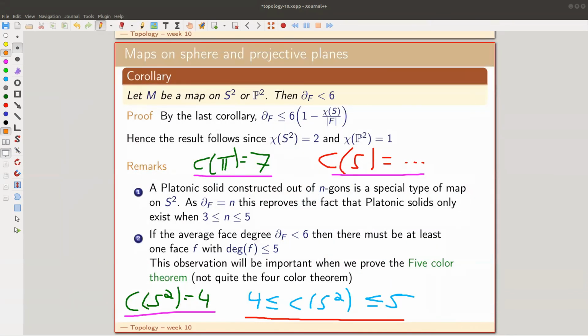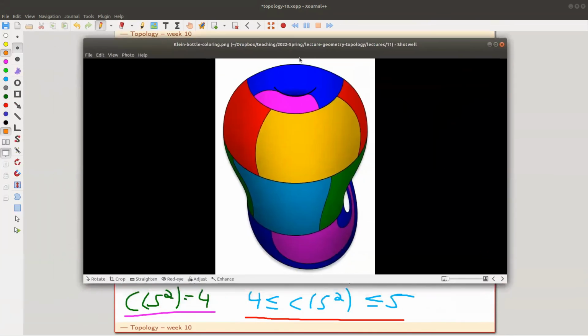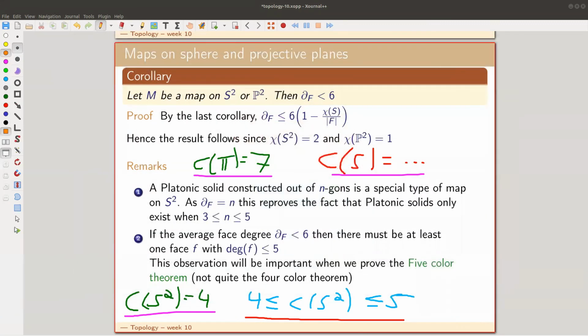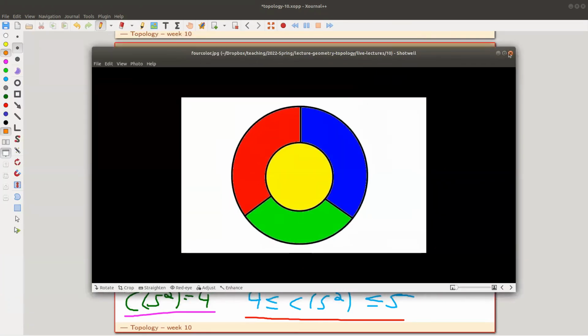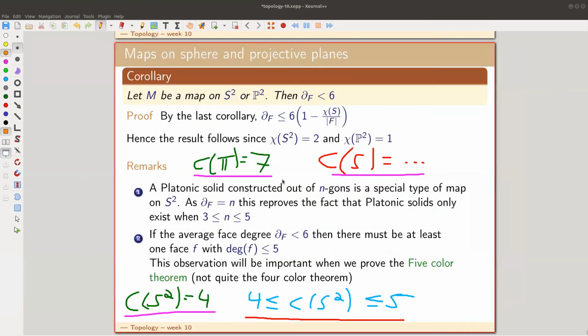I had the Klein bottle, 6 colors on the Klein bottle, uses the geometry of the Klein bottle. And of course, we also had the 4-color theorem, 4 colors on a disk. Right? So to say it again, this number, which will be a really beautiful formula in terms of the Euler characteristic, just captures combinatorially the properties of the surface.